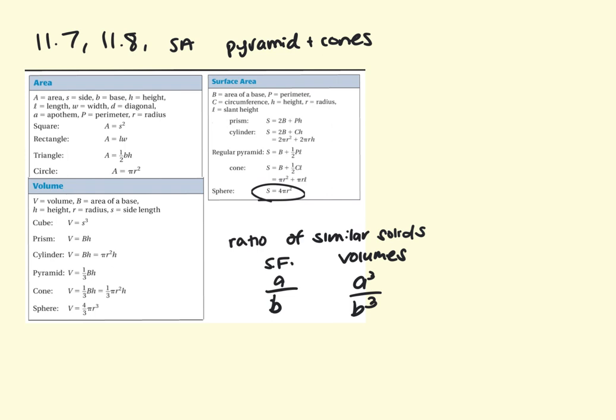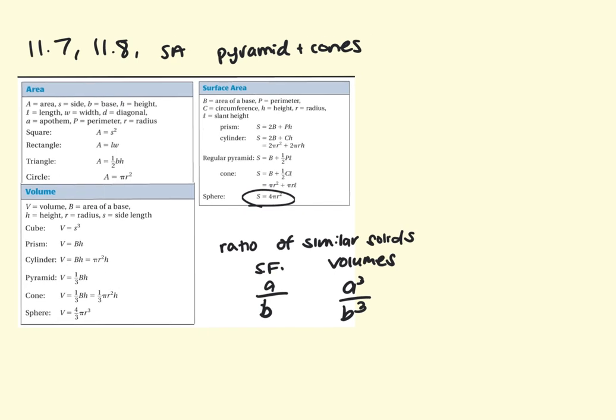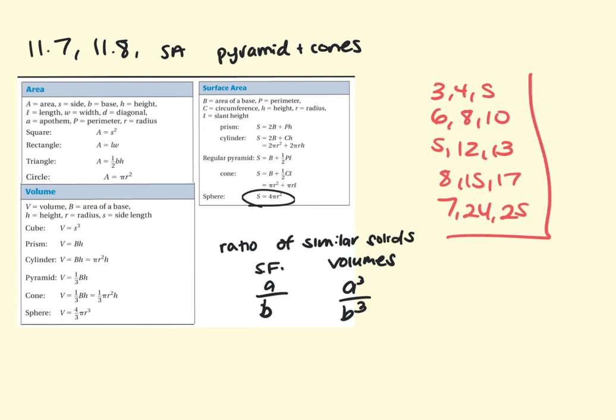There's going to be some in which you have to find slant height or height using the Pythagorean theorem. It is to your benefit to review your triples: 3, 4, 5; 6, 8, 10; 5, 12, 13; 8, 15, 17; 7, 24, 25. Those are your more common ones.